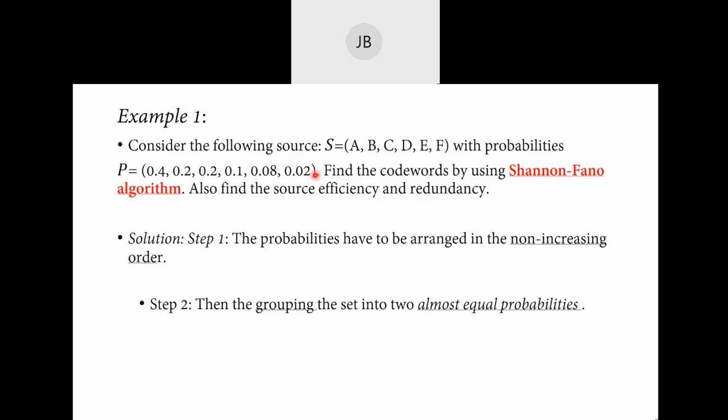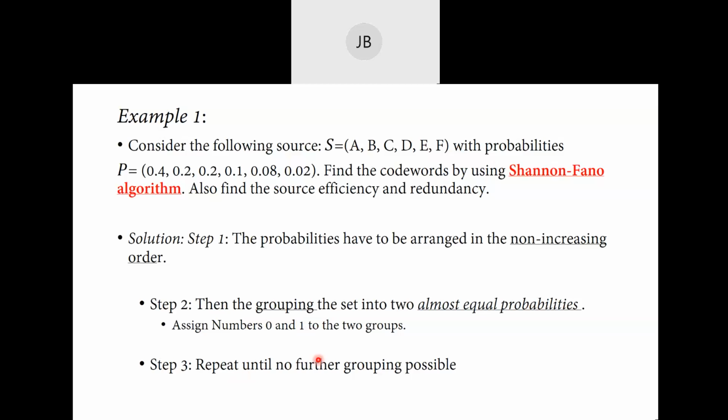While grouping, we need to take care that these groups have almost equal probabilities. So we need to choose the elements in such a way that both the groups, since we are doing two groups, both the groups should have equal distribution of the probabilities, almost equal. And we will assign one of the groups a 0, the other group a 1.